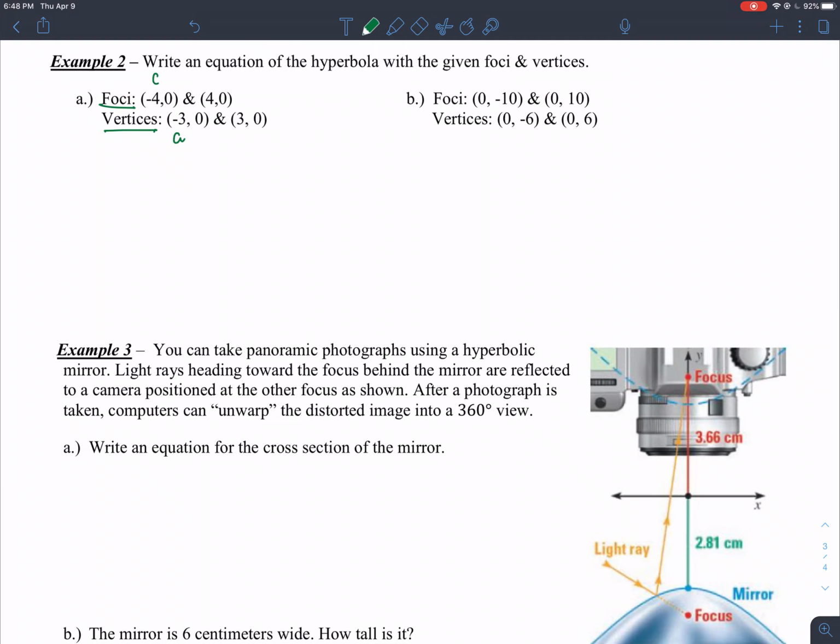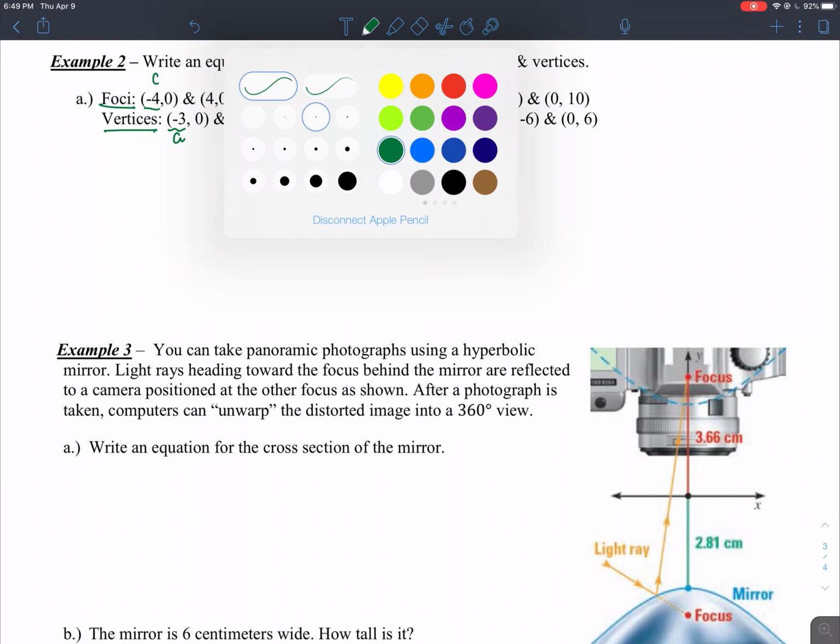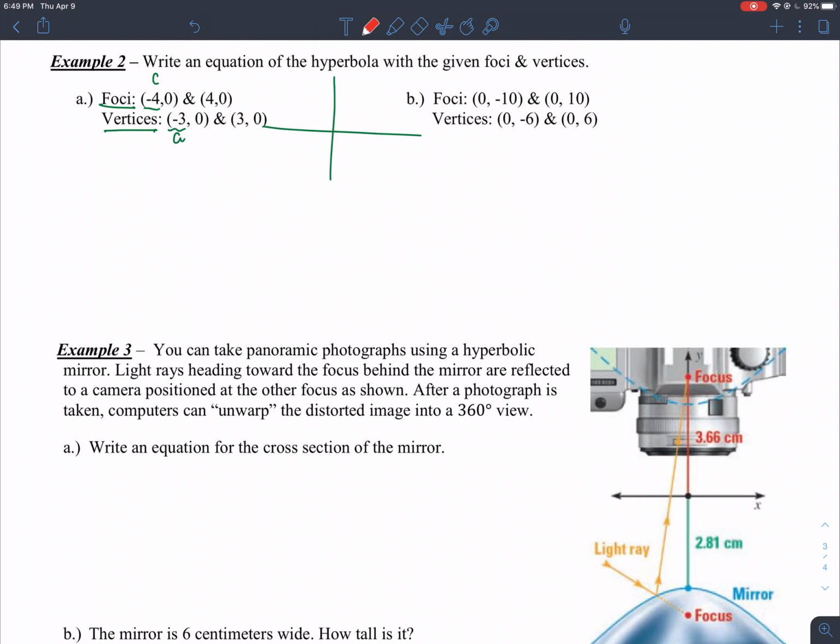Just notice that the foci and the vertices are always together on the line that goes through the transverse axis, but they're both x coordinates in this case. So if my foci are at 4, -4, and my vertices are at 3, -3, my hyperbola looks like this with the transverse axis here.